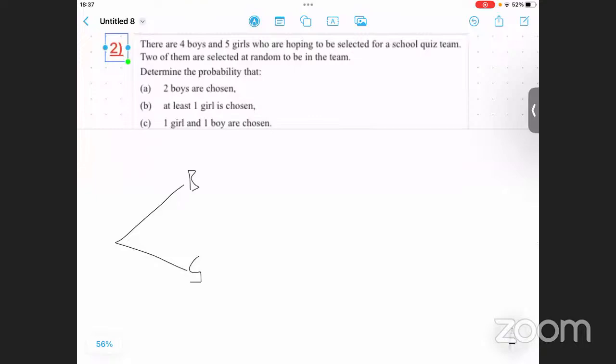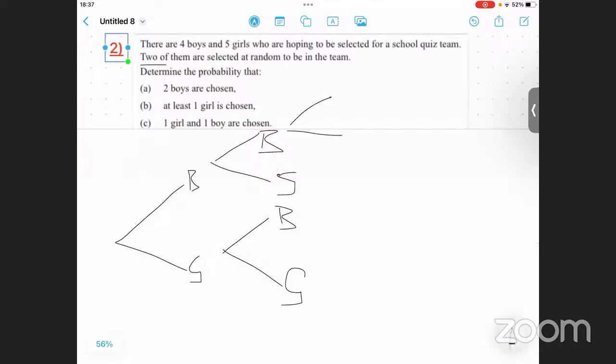Now they will take two of them, ne? So if they take two of them, that means we're still going to have another branch. We're going to have another branch here, which is going to be boy and girl. And if maybe they said they take in three, this is what was gonna happen.